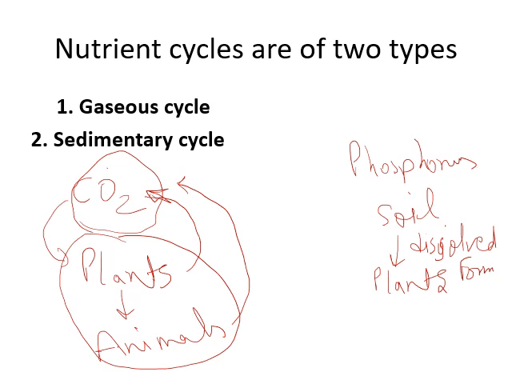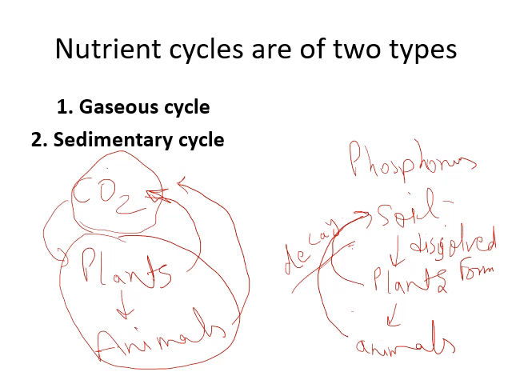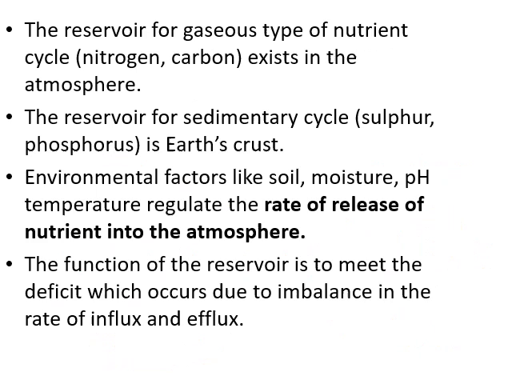From plants it goes to animals or consumers. And as a result of decomposition, this phosphorus goes back to soil. So there occurs nutrient cycling, and here there is no atmospheric exchange. Nutrient goes from soil to living world, and then as a result of decomposition it goes back to soil. So phosphorus is an example of a sedimentary cycle.